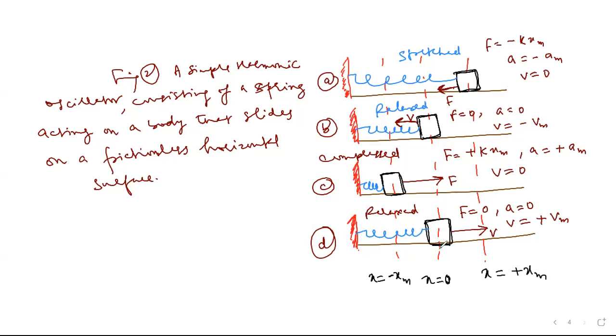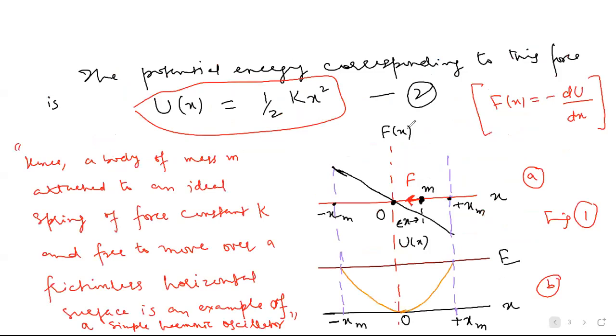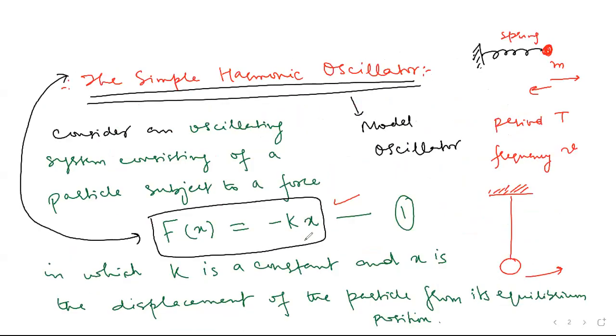We have shown x equal to 0 is the mean position, x equal to plus xm is one extreme position, x equal to minus xm is the extreme position on the other side, the left side in this figure.